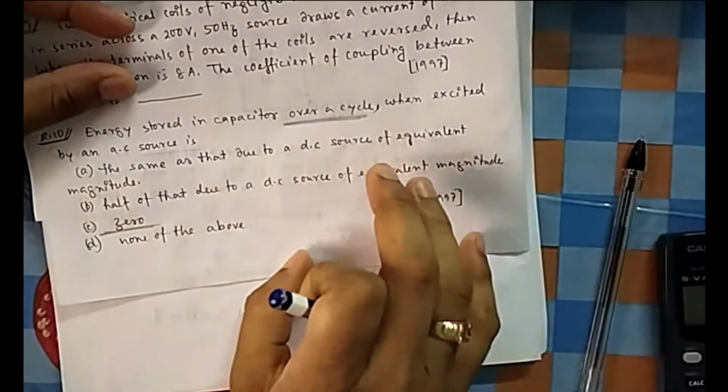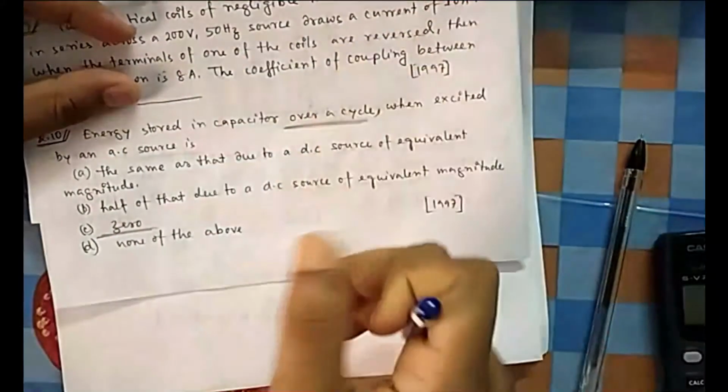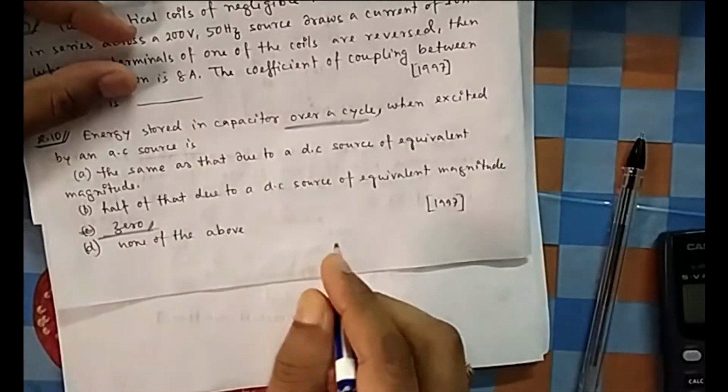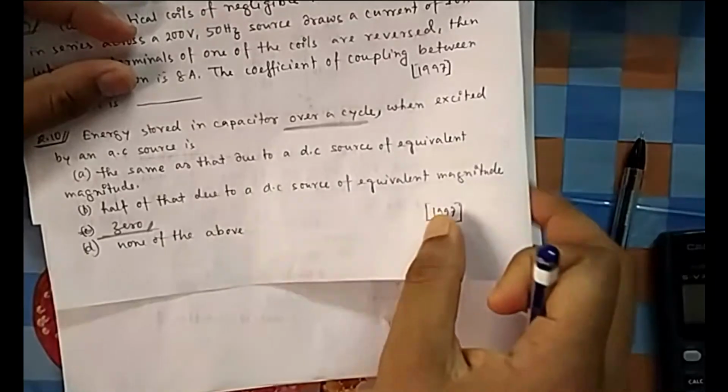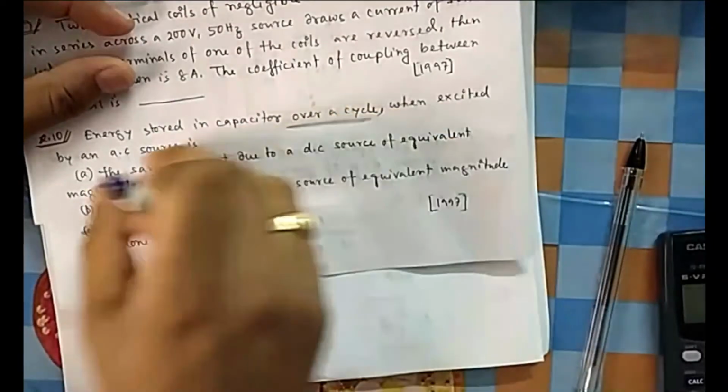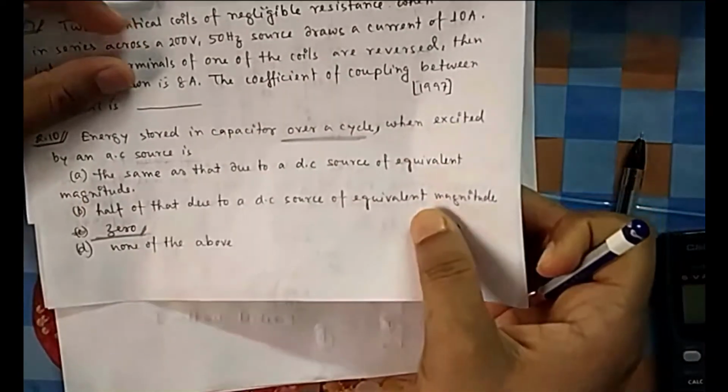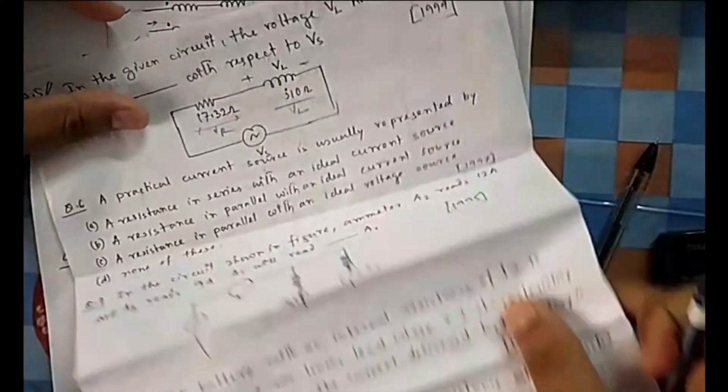So over the cycle, total energy drawn by the capacitor is 0. For an inductor also, in one half they will store the energy, in another half it will release the energy. So obviously this is 0. So by seeing only you can do it. There is no question of the capacitor storing in case of AC. Over a full cycle it will always be 0, because one half it will store and another half it will deliver.